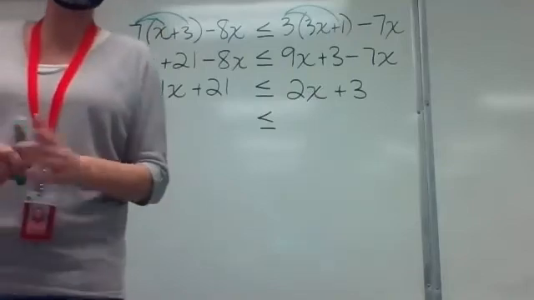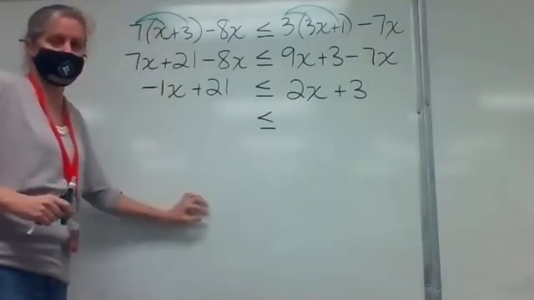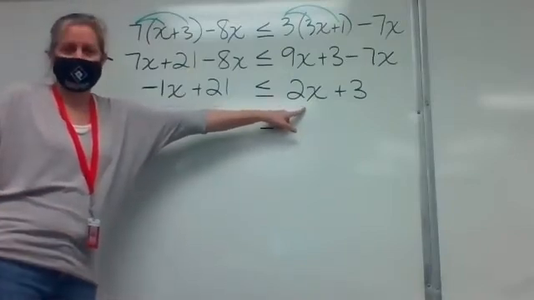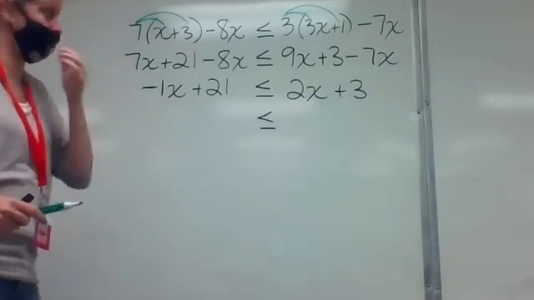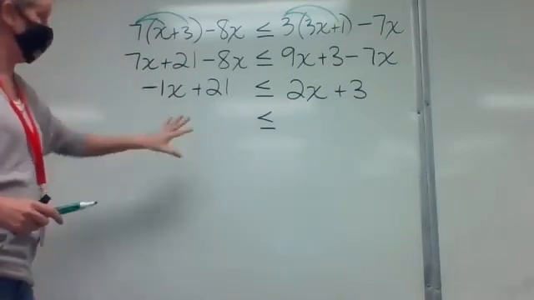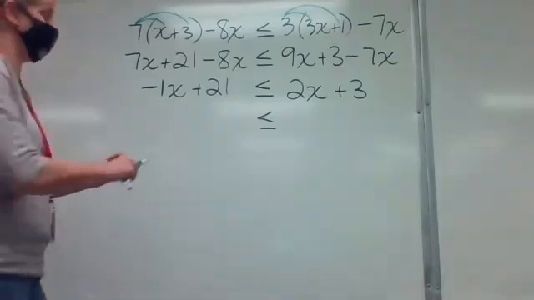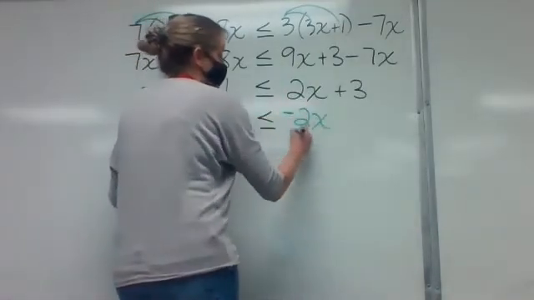The reason is you like your x's to end up over here, which means you need to get rid of them on the back end. So even though it's going to make my x's negative, which is fine, I like to keep them in front of this. And I'll show you why in a minute, which means I need to get rid of the 2x. I'm going to subtract it off.